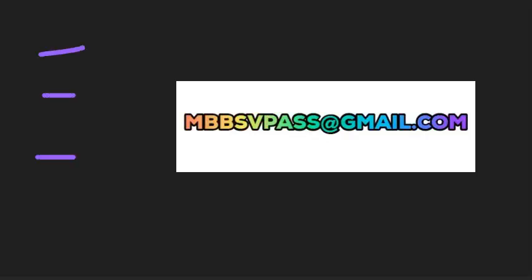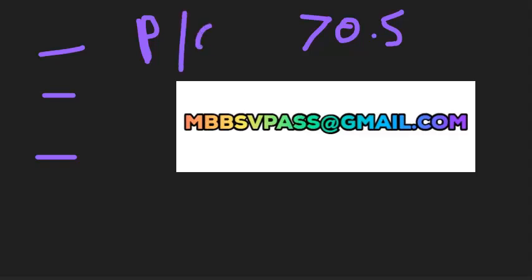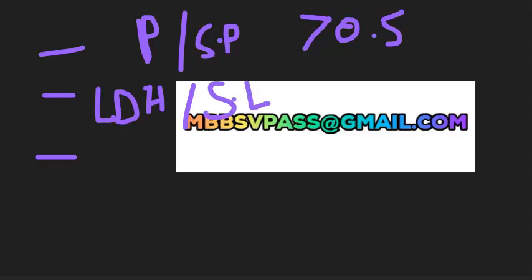So the first point: the pleural fluid protein divided by serum protein is greater than 0.5. The second: pleural fluid LDH divided by serum LDH is greater than 0.6. So this much we have covered.